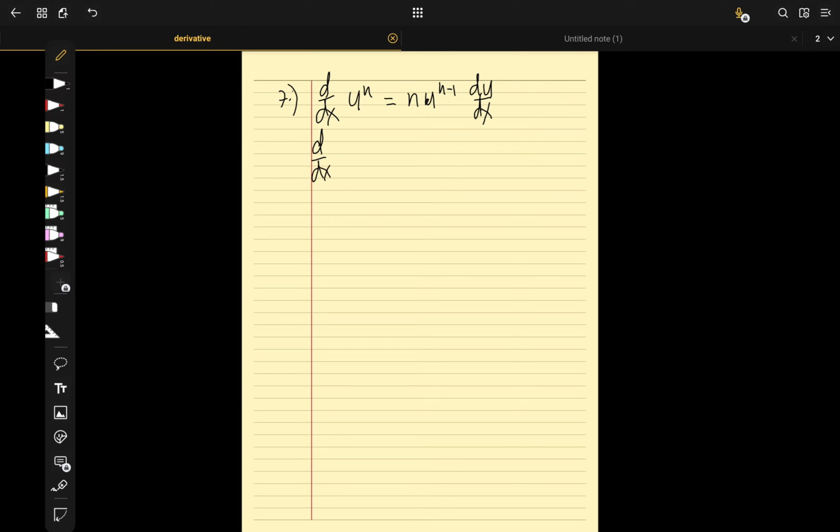The derivative of x raised to n is equal to n x raised to n minus 1. Napansin nyo, yung x naging u. Tapos halos parehas lang sila, maliban lang sa u na naging x. Ang pinagkaiba nga lang nila, yung meron na siyang part dito, wherein dito, wala.